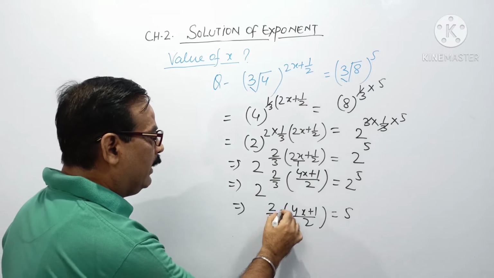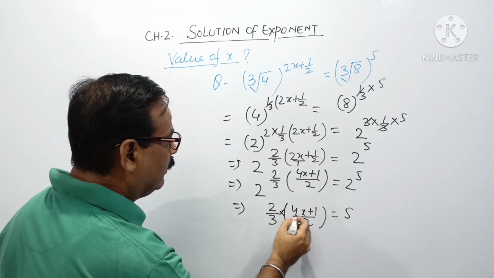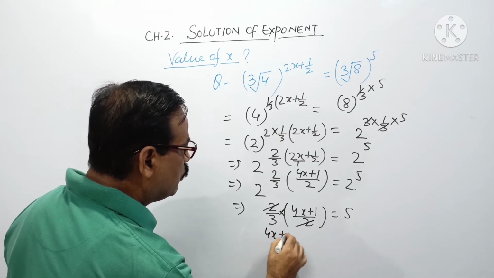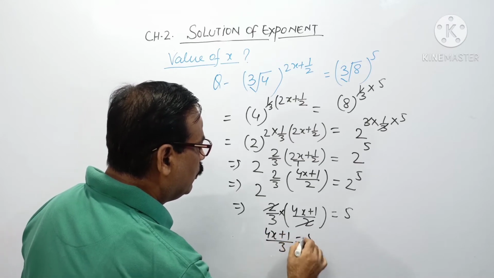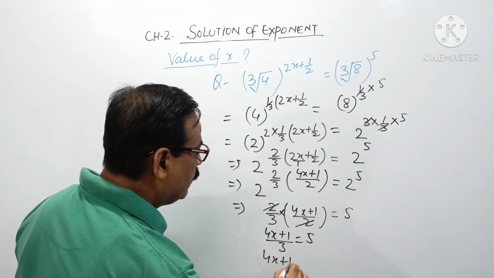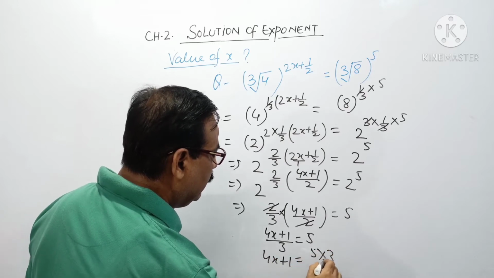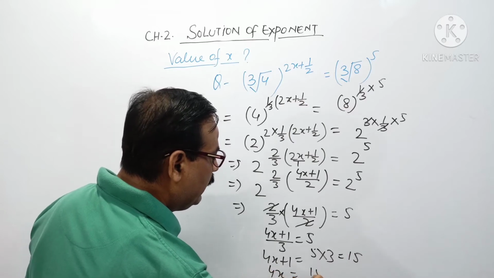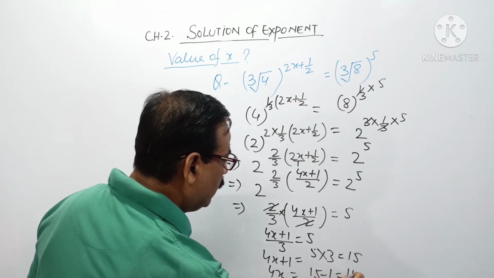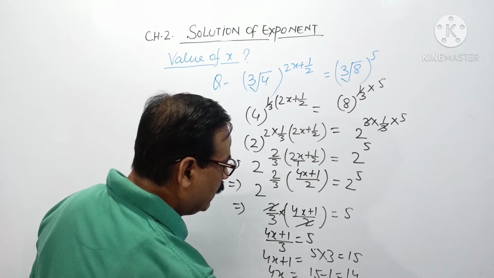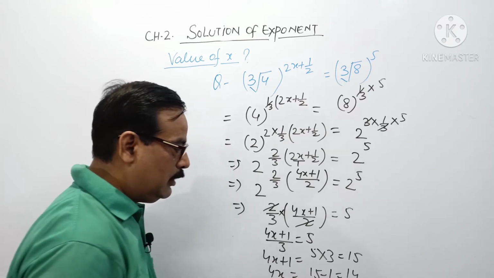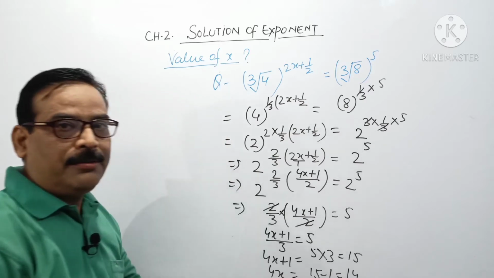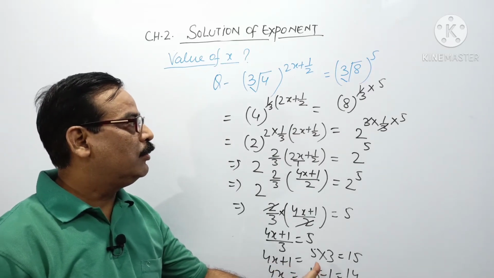We can multiply here, and 2 is cancelled, so 4x plus 1 by 3 is equal to 5, and 4x plus 1 is equal to 5 into 3, that is 15, and 4x is equal to 15 minus 1, that is 14, and x is equal to 14 by 4. So we can cancel from here, 7 by 2. The value of x is now 7 by 2.